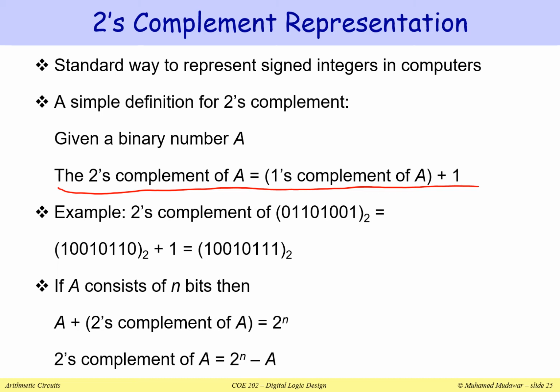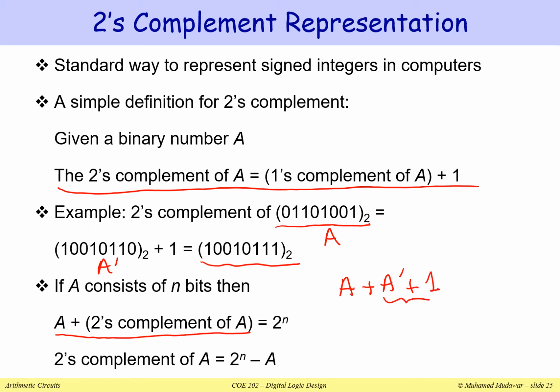That's it. So for example, if this is my binary number, this is a, then this is a prime, and this is a prime plus 1. That's the 2's complement of a. Now, if you add a plus the 2's complement of a, what do you get? It's equal to a plus a prime plus 1.